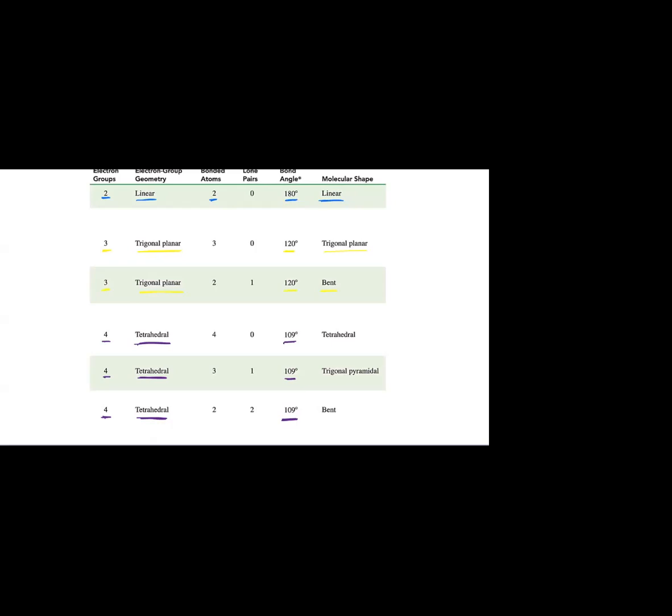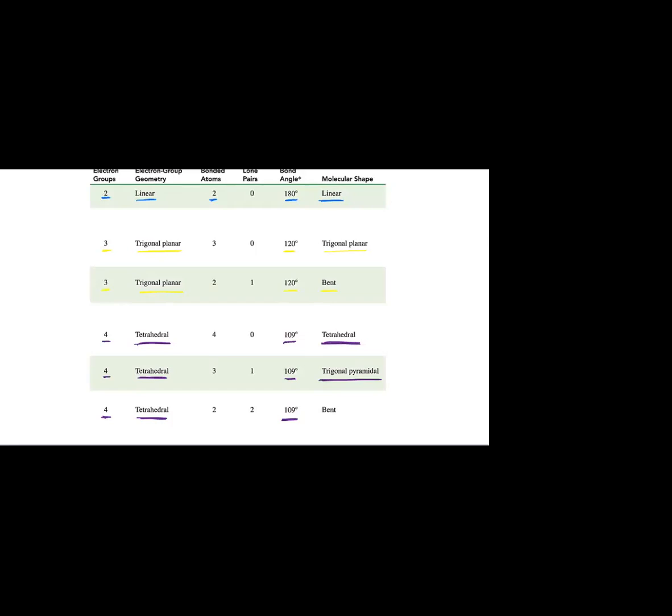Now, as you can see here, if my central atom has only 4 things bonded to it, then my molecular shape is also called tetrahedral. If my central atom has 3 bonded atoms and 1 lone pair, then that molecular shape is called trigonal pyramidal.